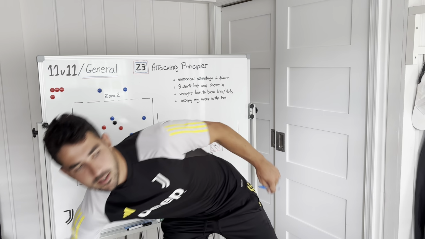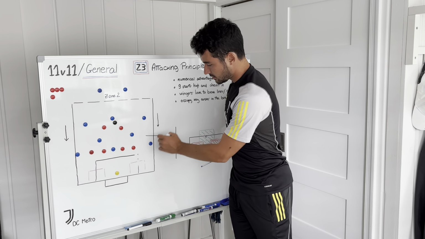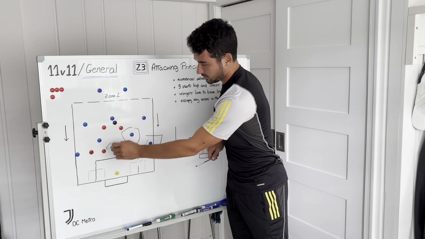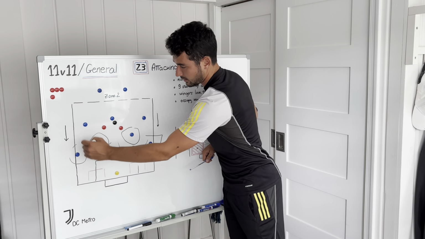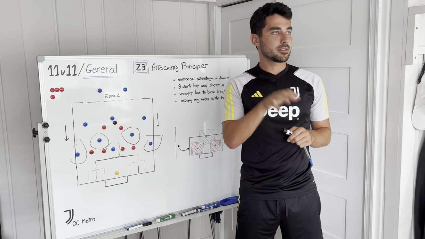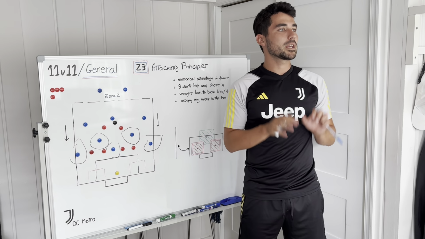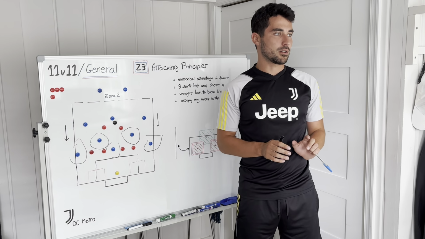So you see, these are the 5 containers: 1, 2, 3, 4, and 5. When we have the ball in the final third, if we are able to fill these 5 containers, we will give trouble to the back 4.